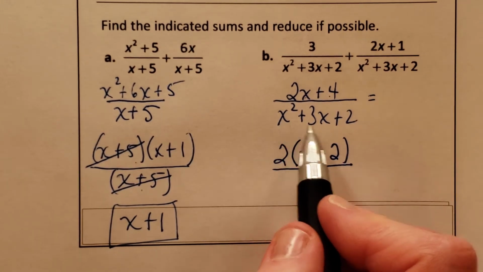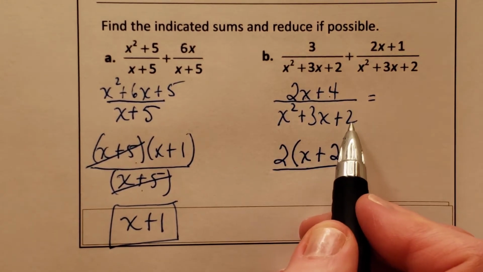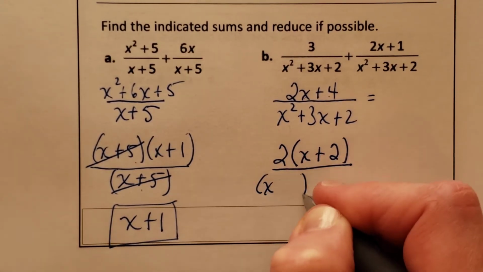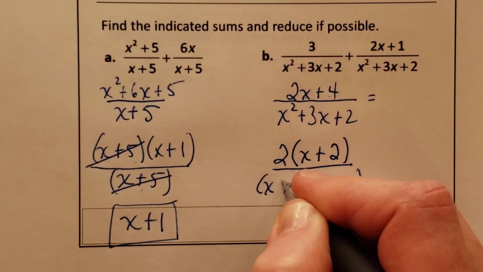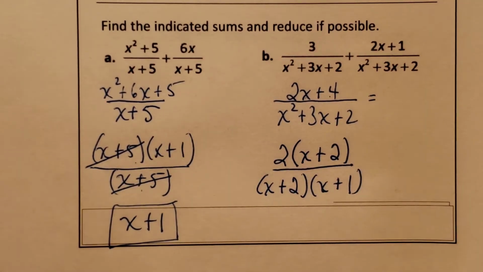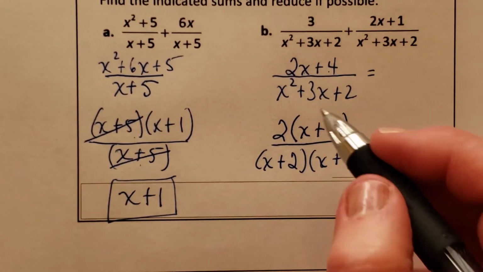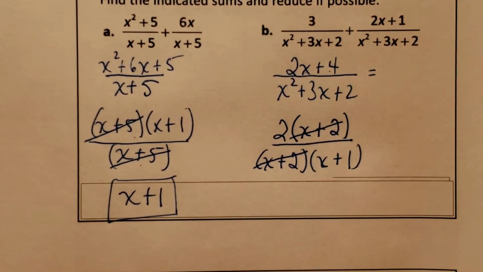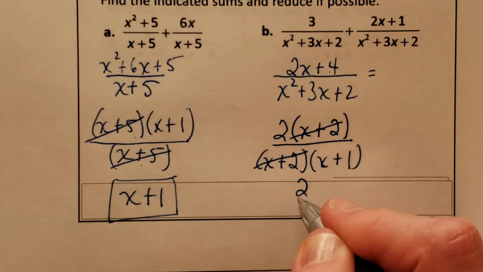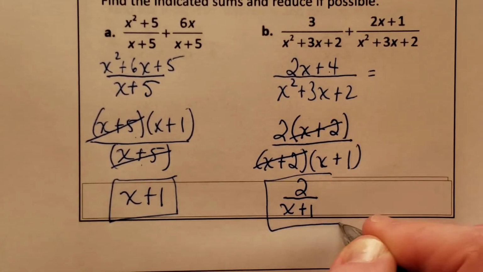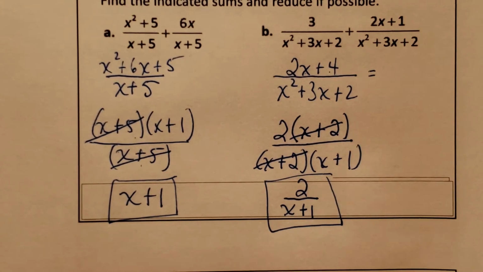In the denominator, do I have two numbers that multiply to give me 2 but add to give me 3? The only factors of 2 are 2 times 1. Now I'm trying to see, does anything cancel? Yes. So in the numerator I have 2 times 1, which is 2 over x plus 1. And that is my answer.